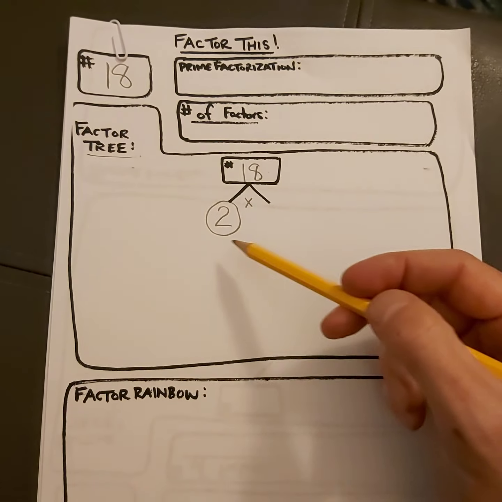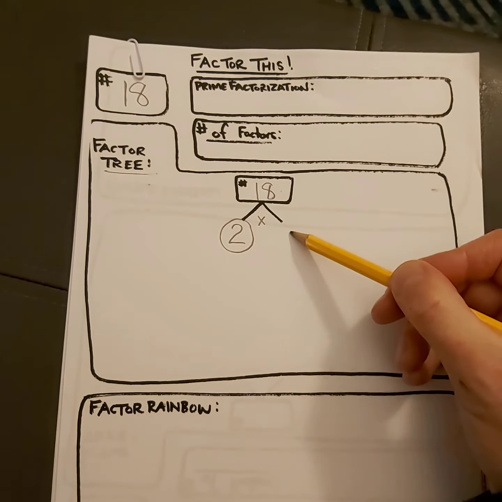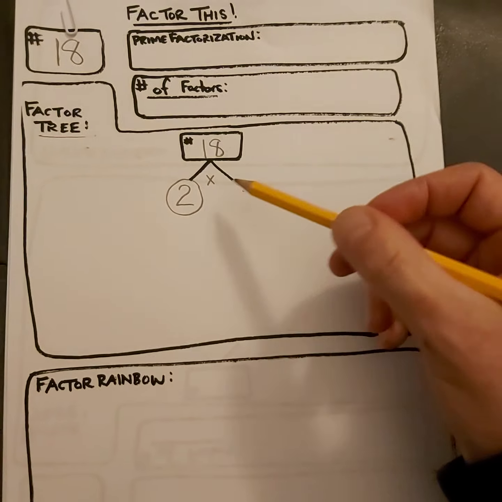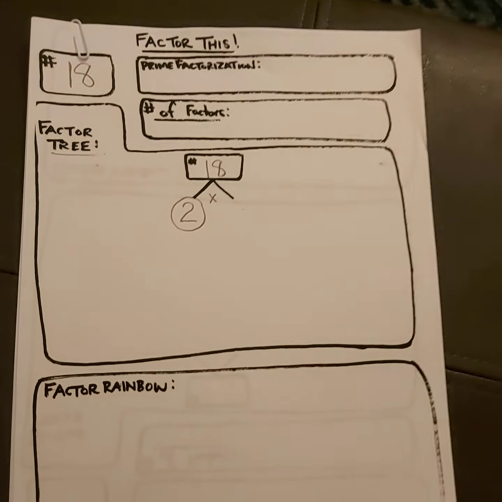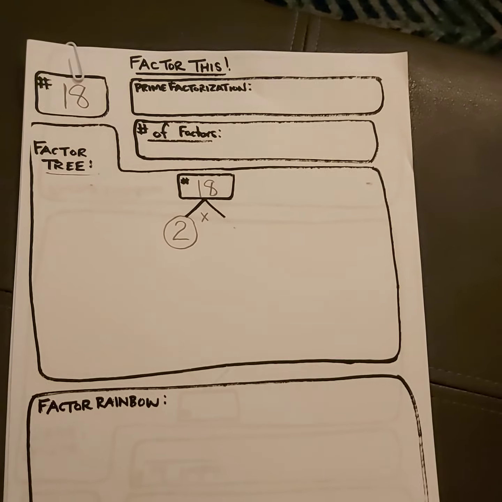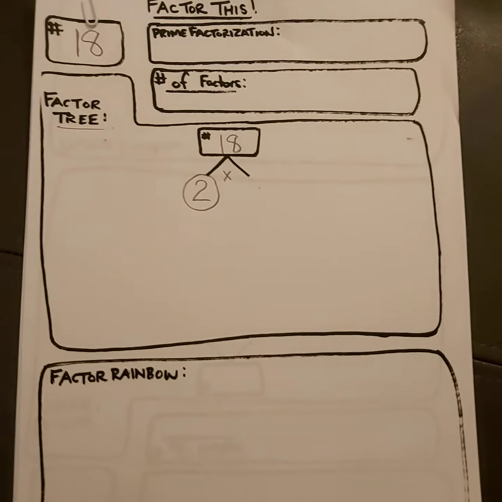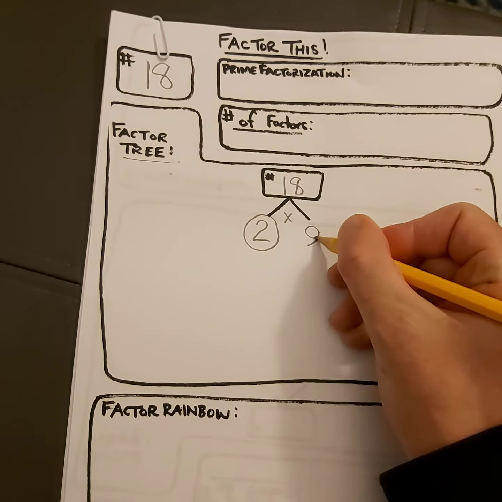It stops there where we have the circle. It simplifies things. On this side, though, we have to figure out what number we would multiply 2 by to equal 18. We've started with a nice small number, and hopefully you know enough straight up multiplication facts to know that 2 times 9 is 18. So I'm going to put a 9 right here.